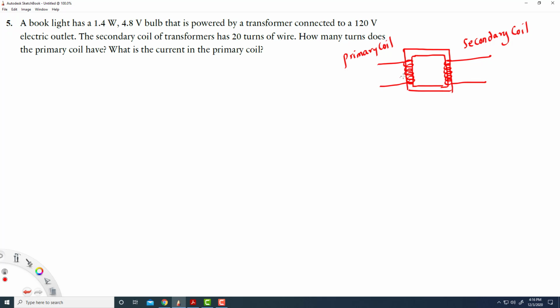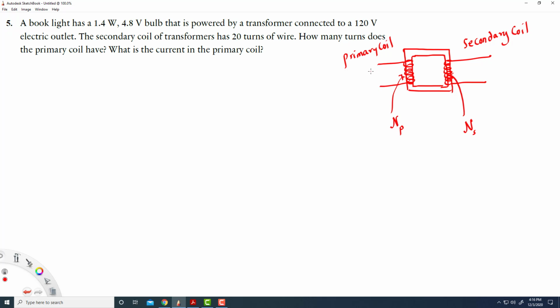We can represent the number of turns in this coil by NP or N1, and the number of turns in this coil can be represented by NS, secondary number of turns, or you can say N2.